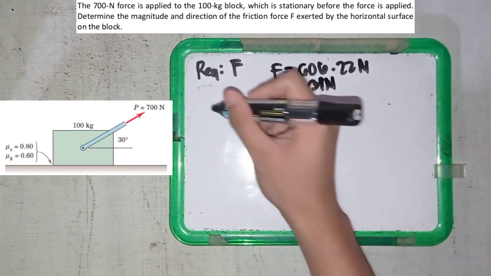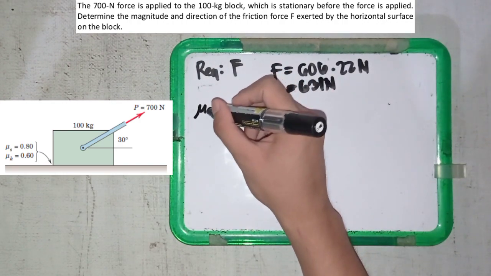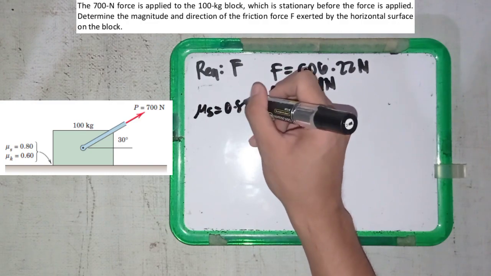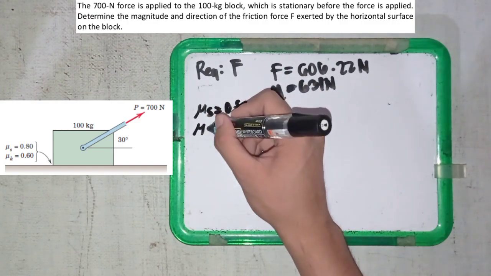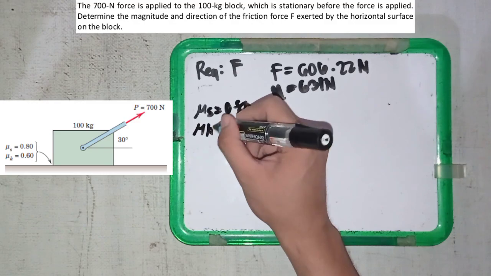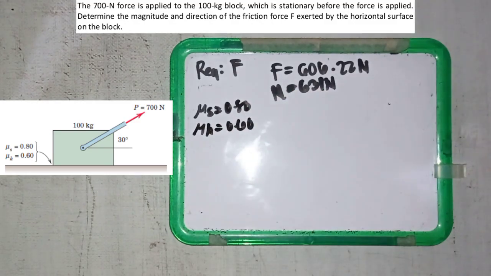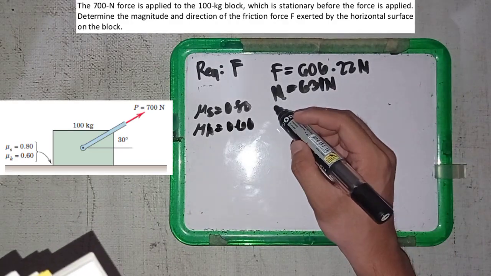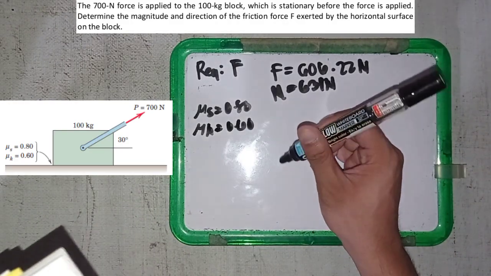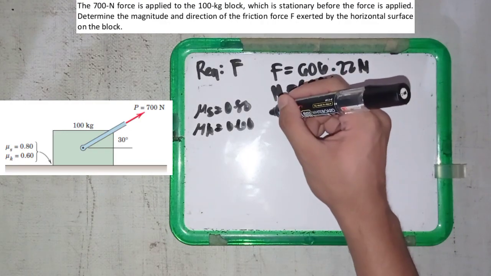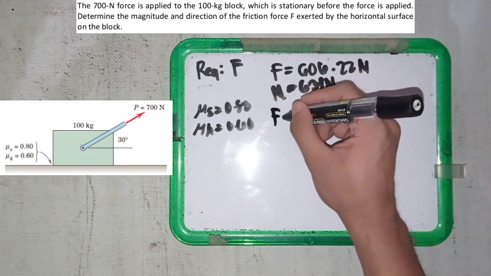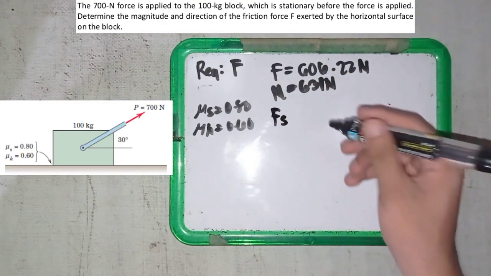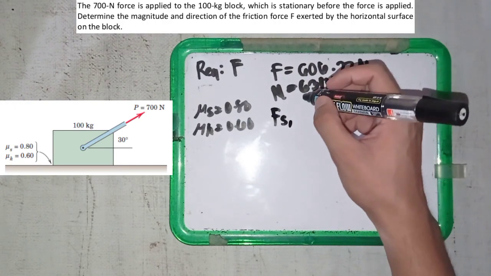Since we are given the static friction coefficient, 0.8, and the kinetic friction coefficient is 0.6, now we need to find the friction force at the max static friction.